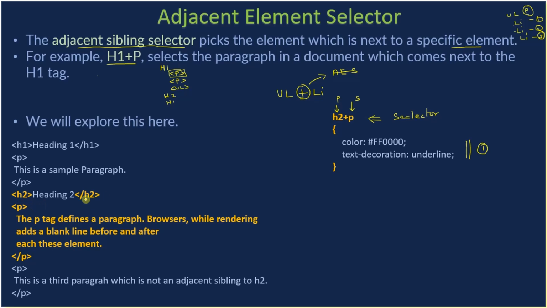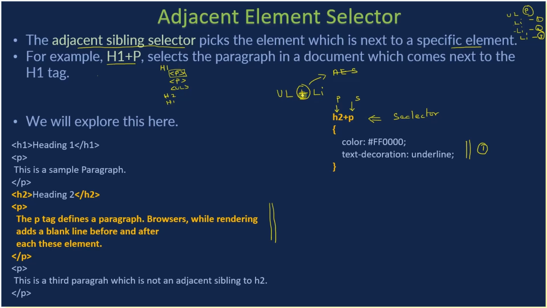So we can call this sibling 1 and this sibling 2. H2 plus P means whatever is the adjacent sibling to the H2. To the H2 the adjacent sibling is P, so this will get selected. H2 and P are in the same level, so this will get selected.